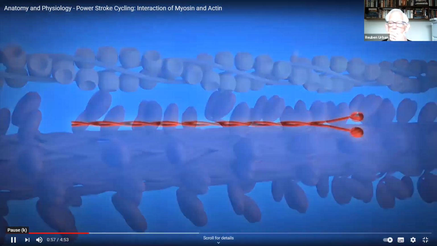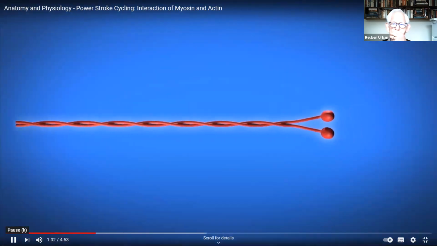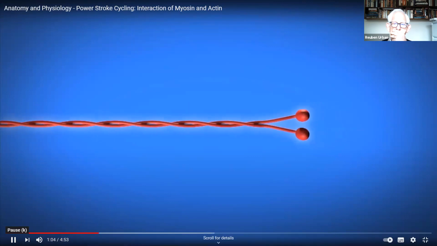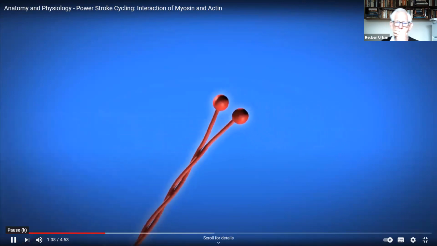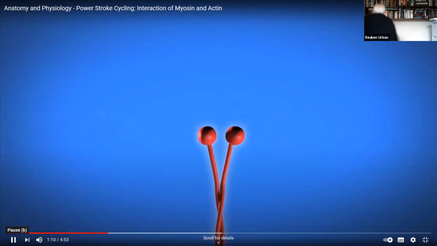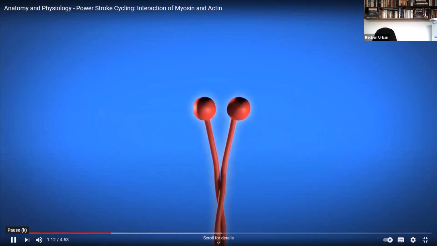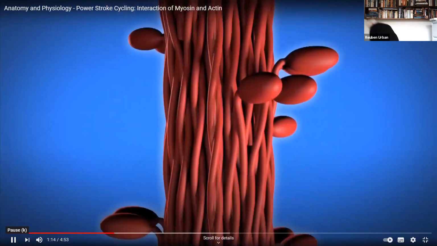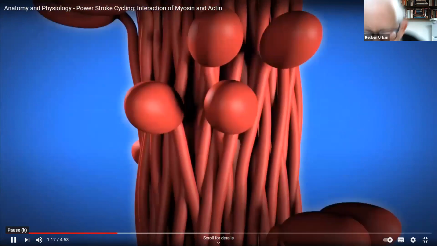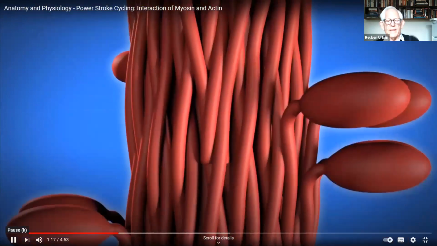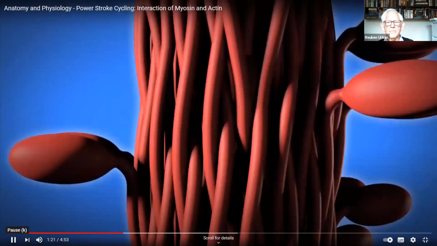Understanding how myosin is able to move actin requires a closer look at the structure of myosin. Myosin is an ATP, or adenosine triphosphate, dependent motor protein. In muscle cells, the long tail of an individual myosin molecule is intertwined with tails of other myosin molecules, forming the thick filaments of the sarcomere.